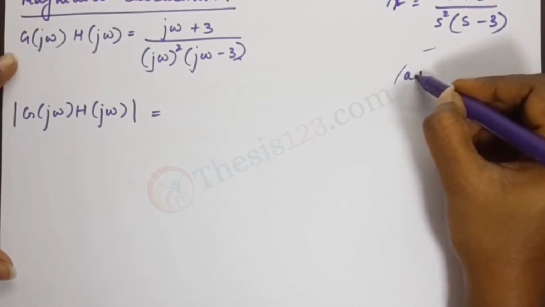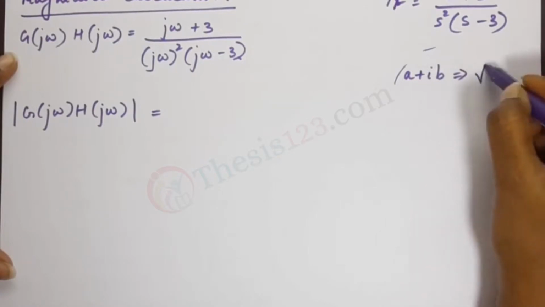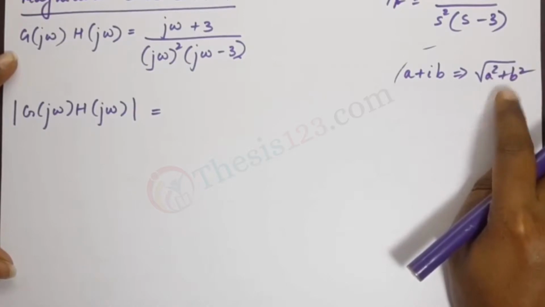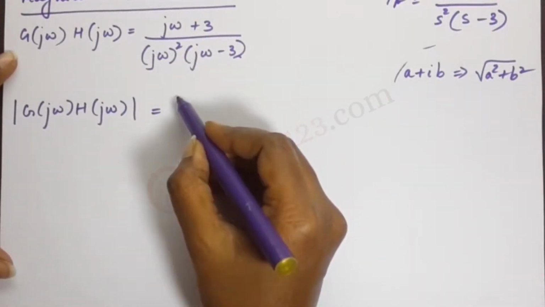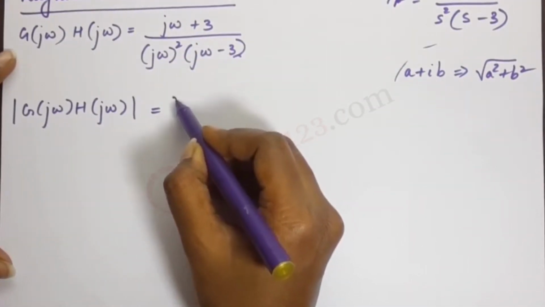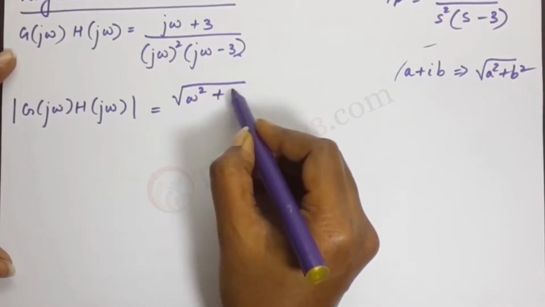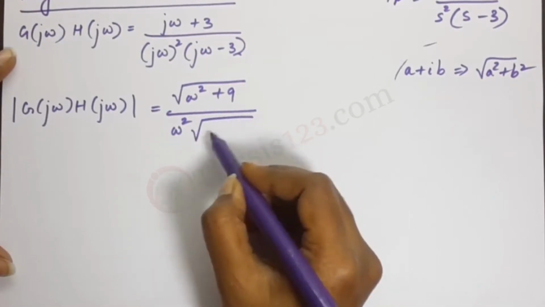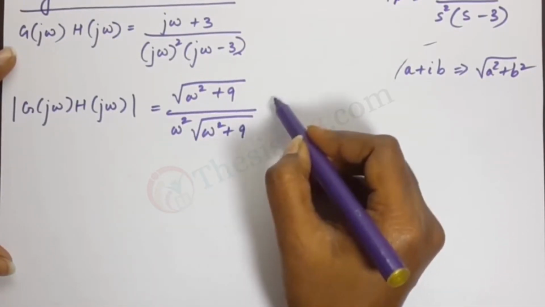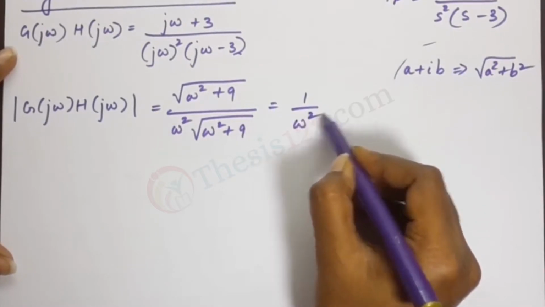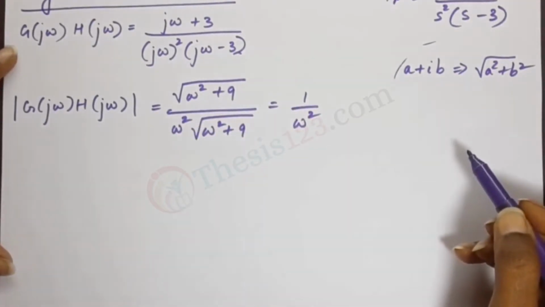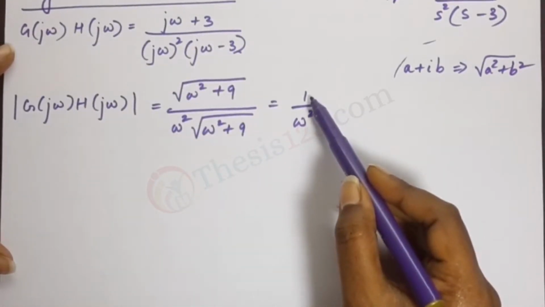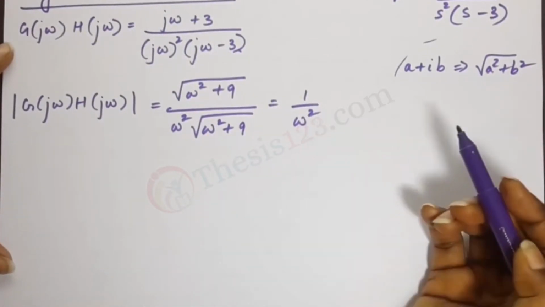For a complex number a + ib, the magnitude is the root of a² + b². We apply the same thing here: root of (ω² + 9) divided by ω² into root of (ω² + 9). Both of these get cancelled out, so the magnitude of the given transfer function is 1/ω².